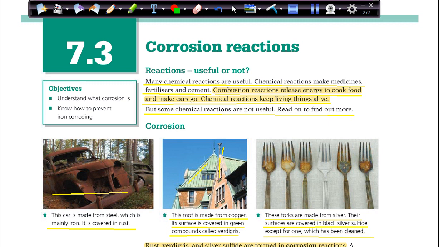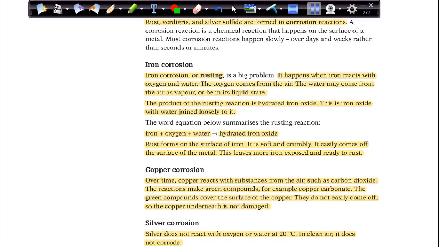So why do we have these corrosions? We have different kinds of corrosion reactions, so what causes these reactions on these elements? Let's find out more. Rust, verdigris, and silver sulfide are formed in corrosion reactions.